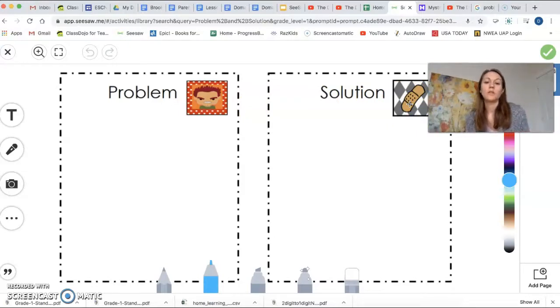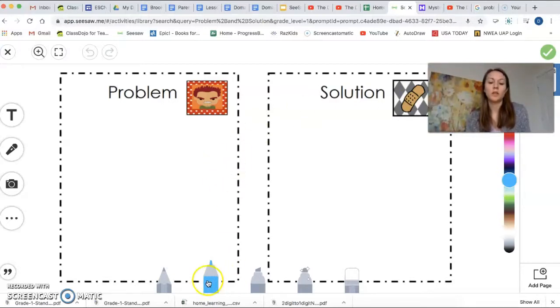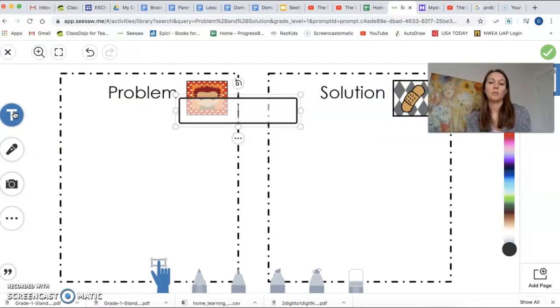So I want you to think back on the story, The Dog Who Cried Wolf, and think about one problem in the story and then the solution for that problem. You can use your drawing tools here to draw the problem and draw the solution. And you could also label using the text tool. Remember, the T will pop it up and you can type it in that way.